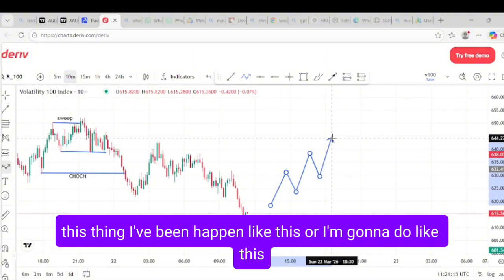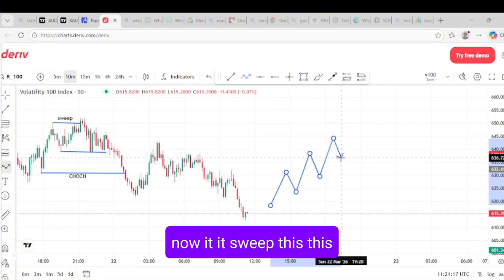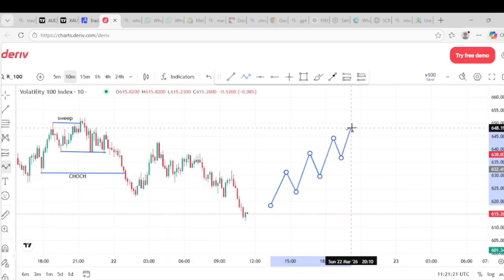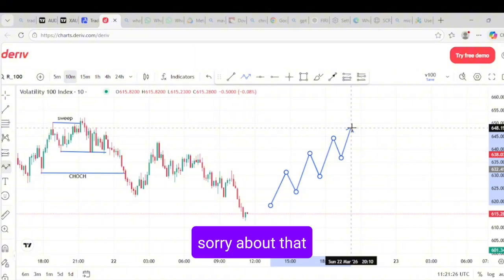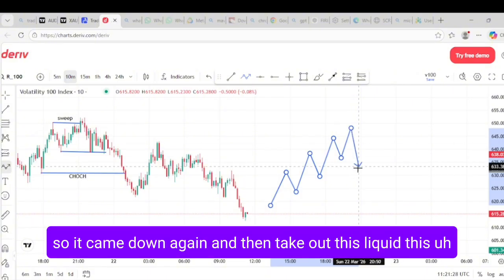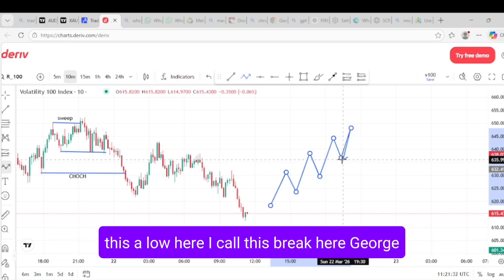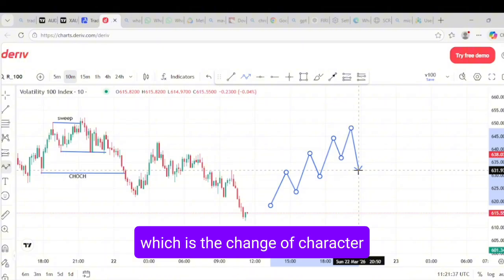It sweeps this high up here first. Then it came down again and took out this low here. I call this break here CHoCH, which is the change of character.